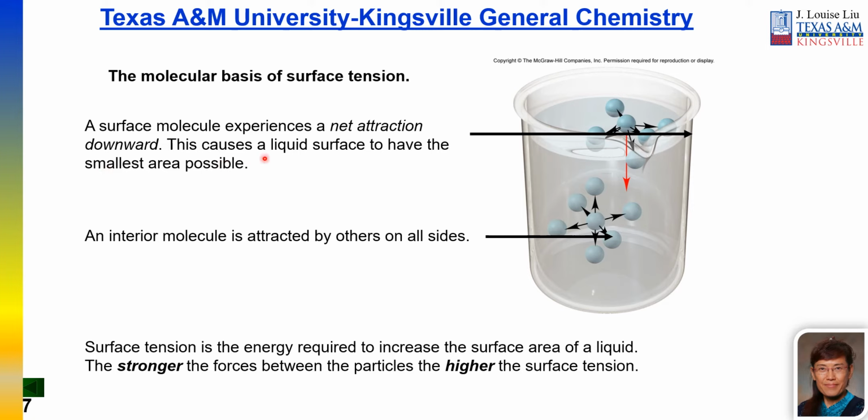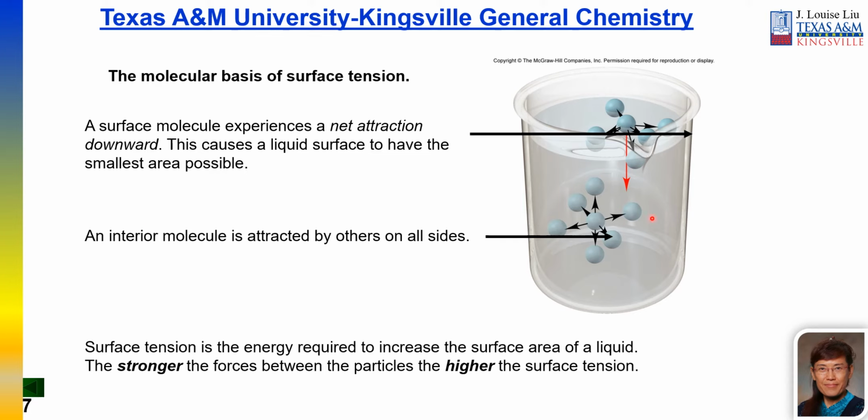So this liquid surface results from the net attraction of your water molecules. What is the net attraction? What's the attraction between water molecules? We already know the water molecules are attracted to each other through hydrogen bond. So this hydrogen bond will be the deciding point.